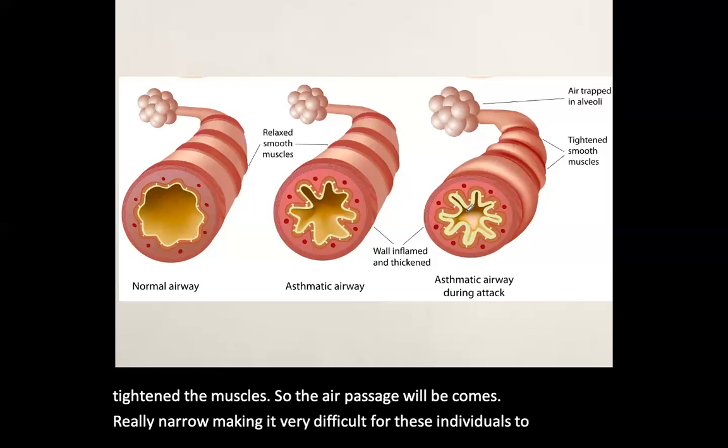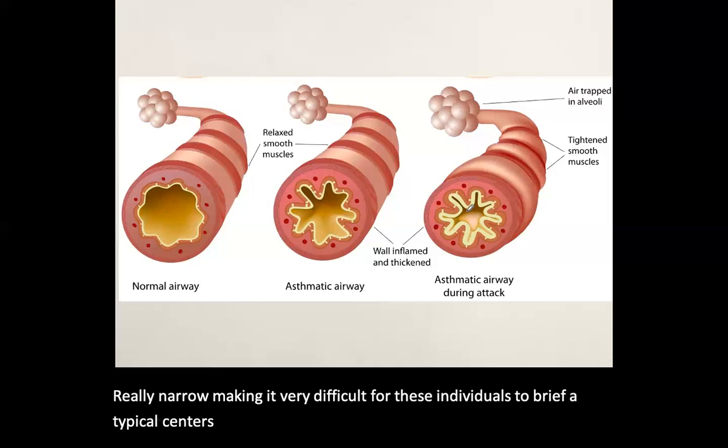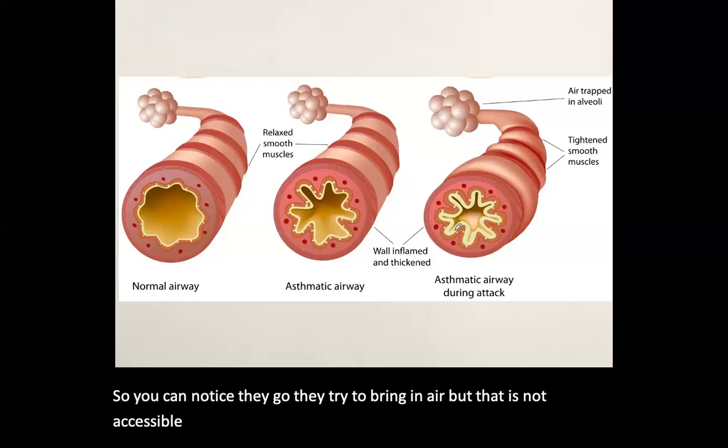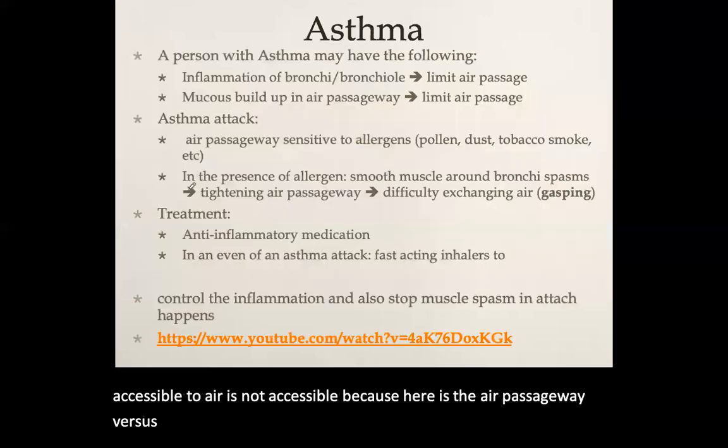A typical symptom of somebody having an asthma attack is they start to gasp, right? They try to bring in air, but it is not accessible. The air is not accessible because here is the air passageway versus somebody that's normal.